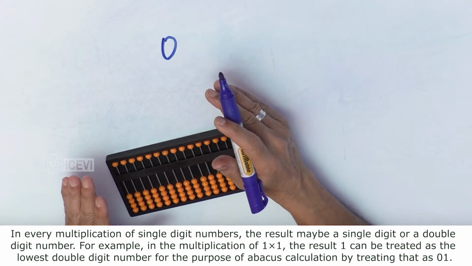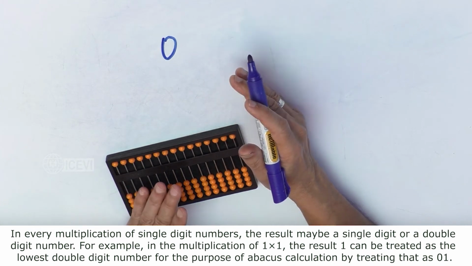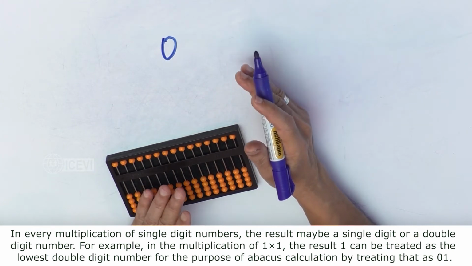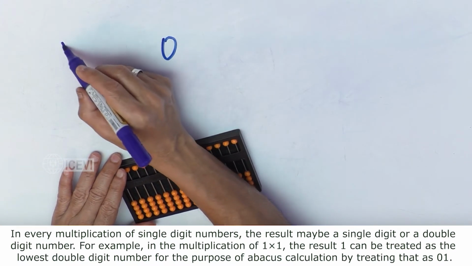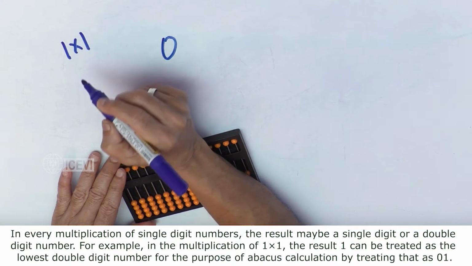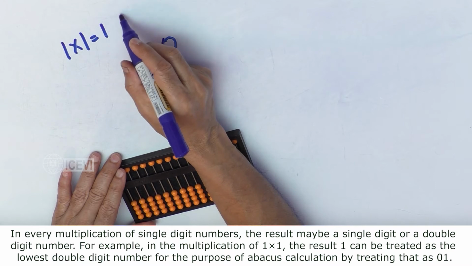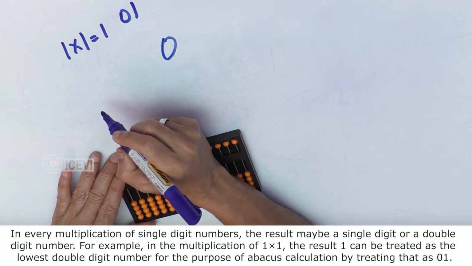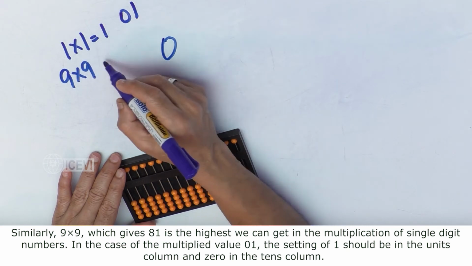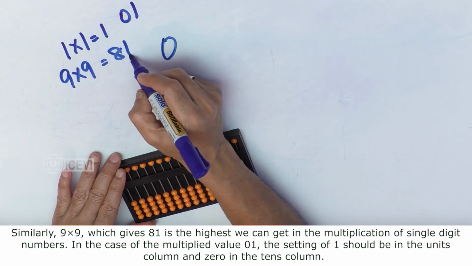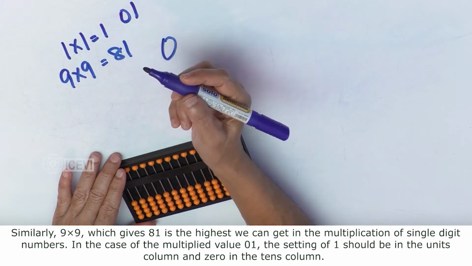In every multiplication of single digit numbers, the result may be a single digit or a double digit number. For example, in the multiplication of 1 and 1, the result is 1 that can be treated as 0, 1. Similarly, 9 multiplied by 9, which gives 81, is the highest we can get in the multiplication of single digit numbers.